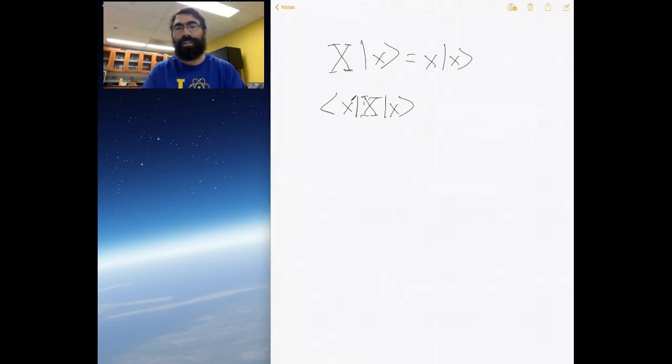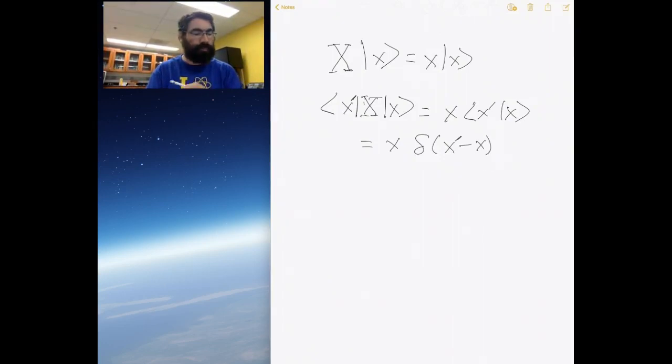If I'm operating on the eigenvector X with my operator capital X, and then take the inner product with the space X prime, then what I should get is the eigenvalue X times the product of X prime with X, where again this is the Dirac delta function. So I get X times the Dirac delta function of X prime minus X. So this is like a position eigenvector or a position operator that we're using.